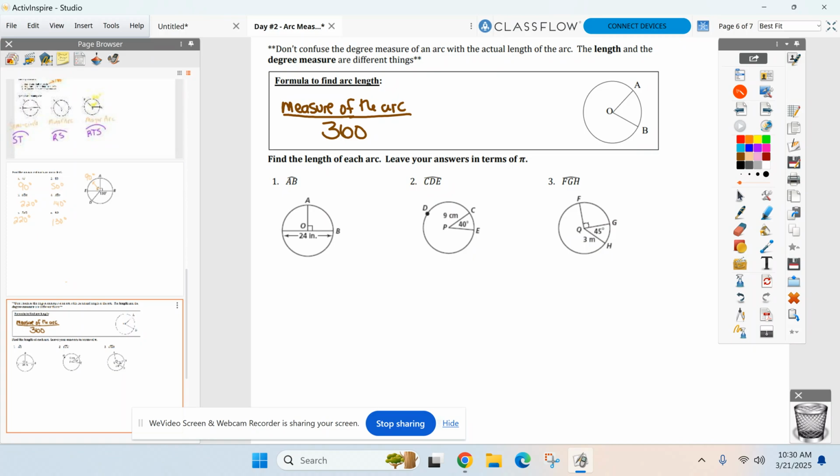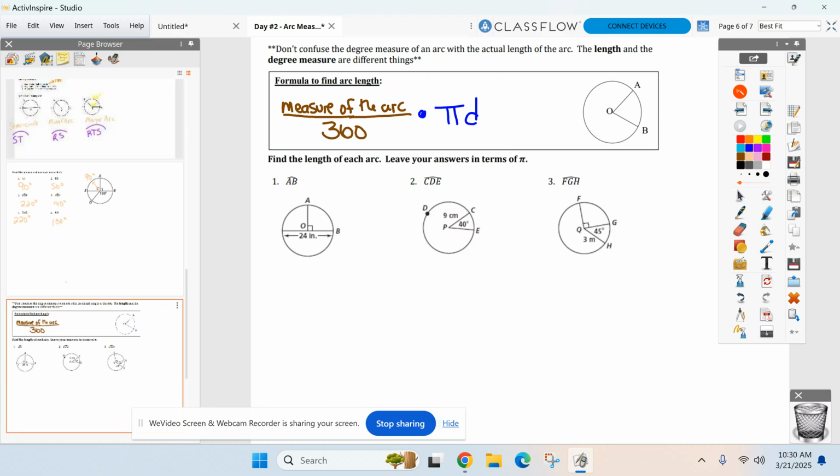We aren't done yet. Then we multiply it by a formula you are familiar with from yesterday. What was our formula from yesterday called? The circumference formula: pi times d, or 2 pi r if you prefer.